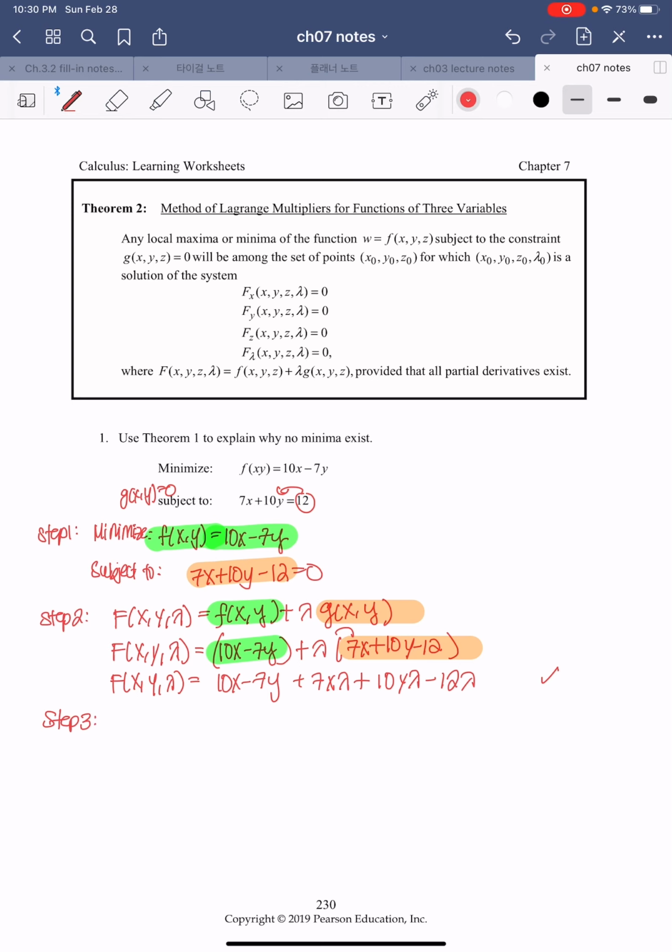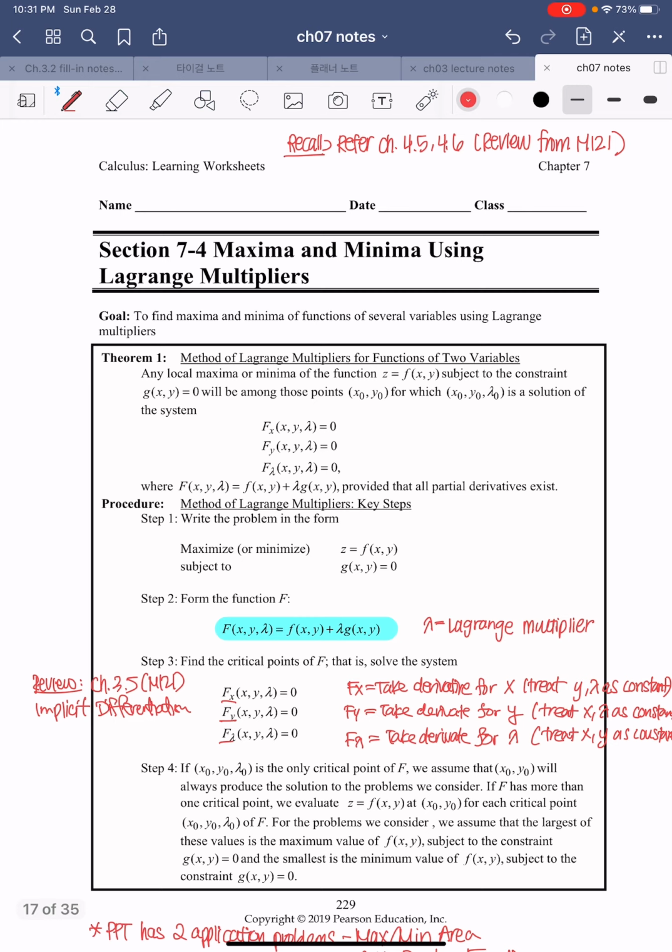Step 3 says I have to take a partial derivative of this function in terms of x, in terms of y, and in terms of lambda, like an implicit differentiation, and then set each equation equal to 0.